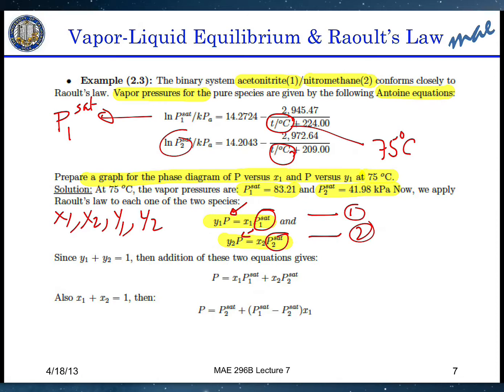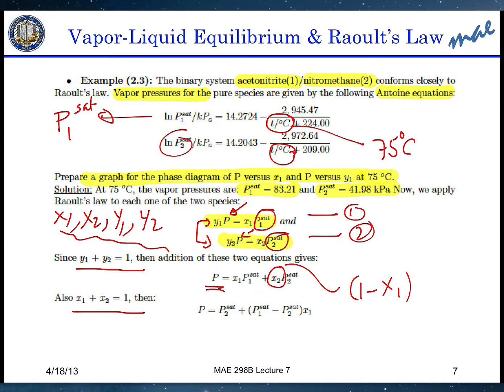Well, I have to use the constraints that y1 plus y2 equals 1 and x1 plus x2 equals 1. I can use them directly by eliminating 2 out of 4, or I can add the left-hand sides and the right-hand sides. Adding the left-hand sides gives P, and the right-hand sides give terms in x1 and x2. Remove x2, writing it as 1 minus x1.